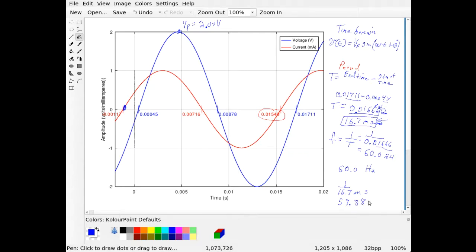And if I take that to 3 digits, I would end up with 59.9 hertz. The difference here is round off error, because we rounded up and then used the rounded value to do the calculation. Now we're getting an error. We're off by 0.1 hertz.